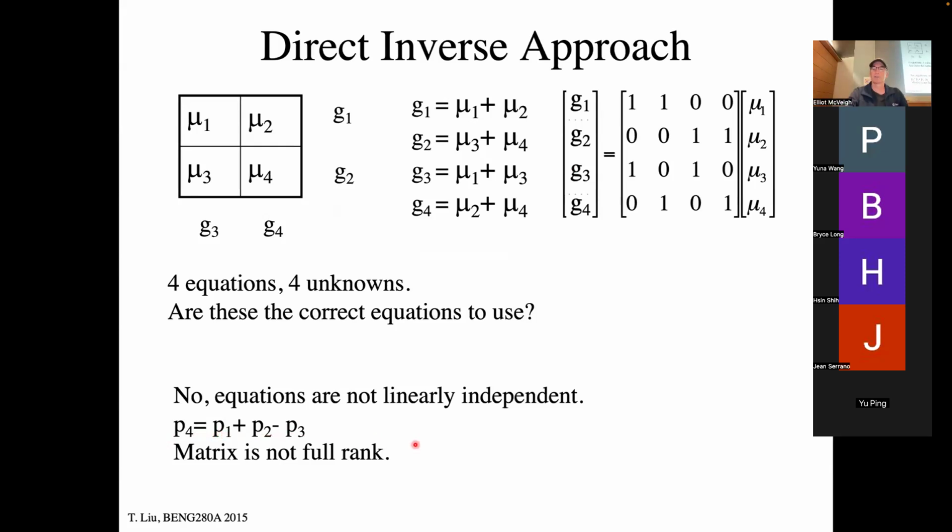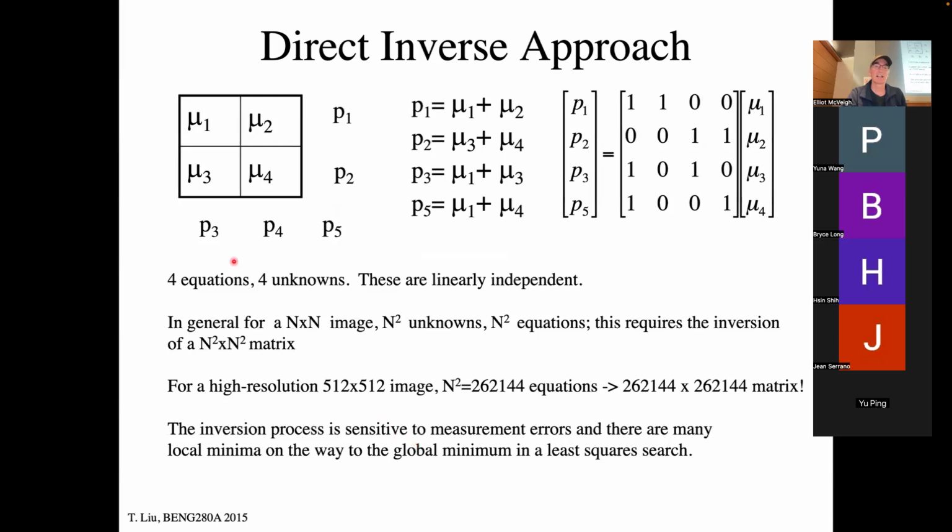So it's not full rank. So we actually need a new projection. We need an additional projection this way. We did it with those 2, now we need a third. So mu1 plus mu4 will add in here. And now this matrix actually is full rank. You can invert this and solve exactly for what mu1 through mu4 is.